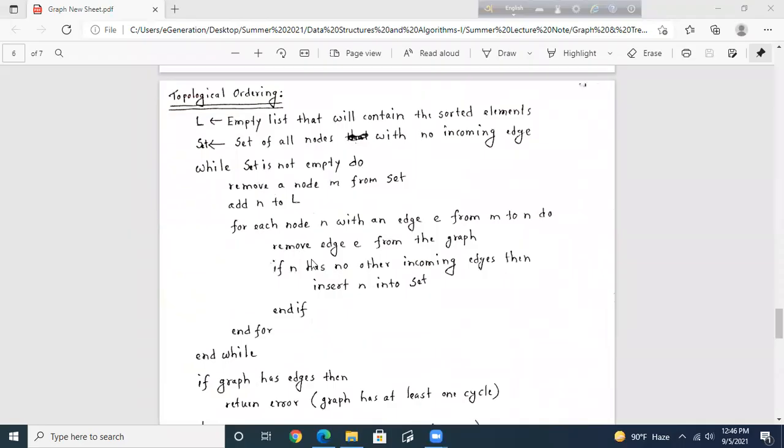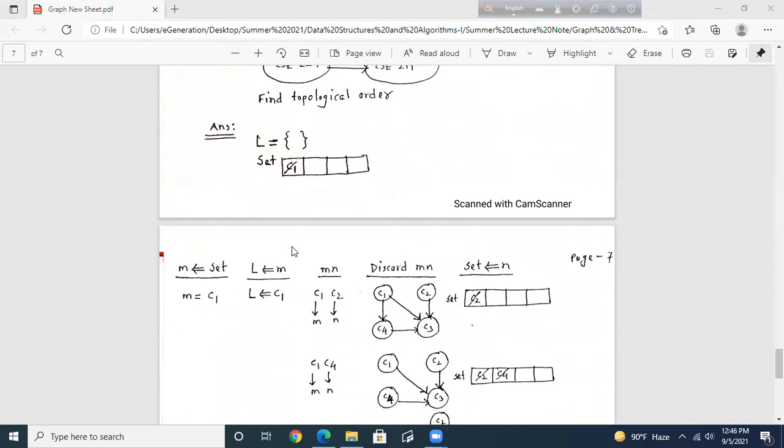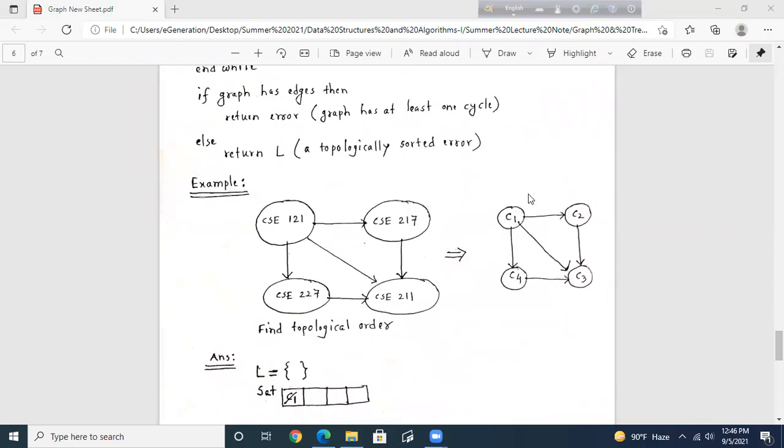Then, dear student, now you have to find out all the edges from m. Because our m is c1, from c1, where can you go?